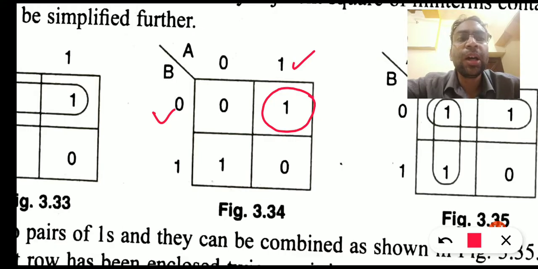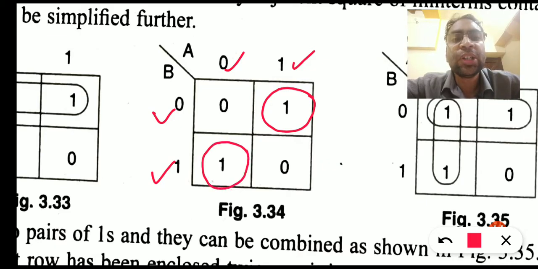Next was A bar B. So A bar will get into this column and B will get into this row. The common cell is this, so we will mention a 1 here. Now we have to perform a looping operation, that is, combining, but unfortunately we do not have any loop here.